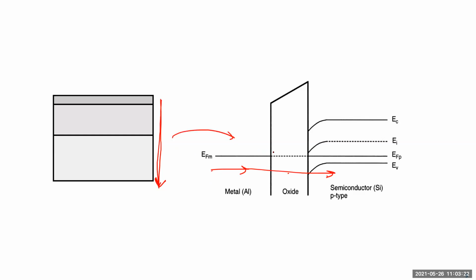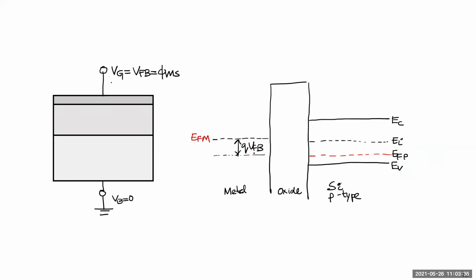When you connect them together, because the law of thermodynamics says your Fermi level should be constant, the bands will bend by whatever your work function difference is between this and this. Your flat band voltage is basically applying that voltage so that this becomes flat. When you do that, the Fermi levels get separated by that voltage, q times V_FB.